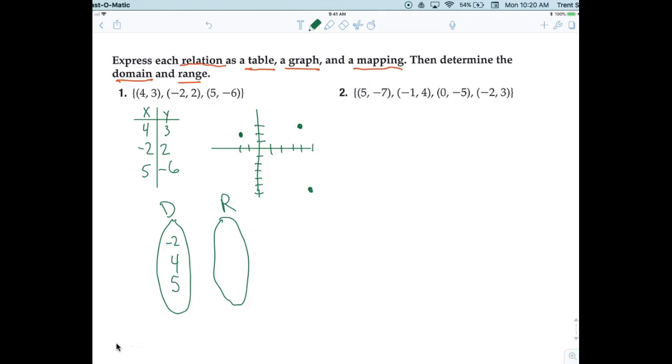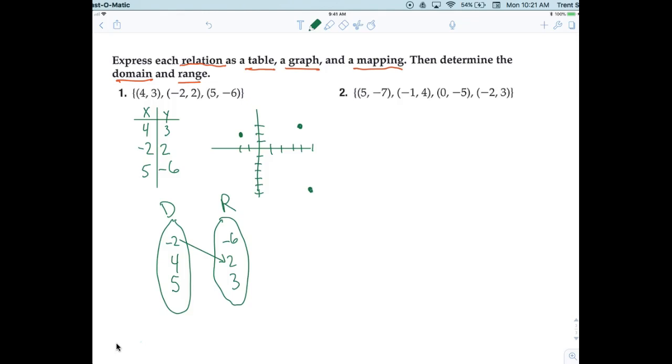Does everybody see that? And the range you would write in numerical order also. The range would be -6, 2, and 3. Does everybody see that? Now the mapping is, well, -2 maps to what? So you draw an arrow to 2.